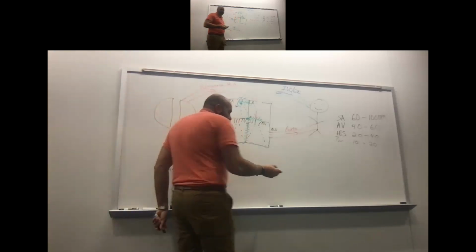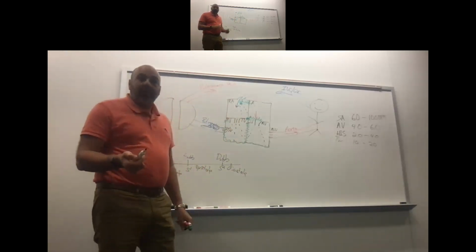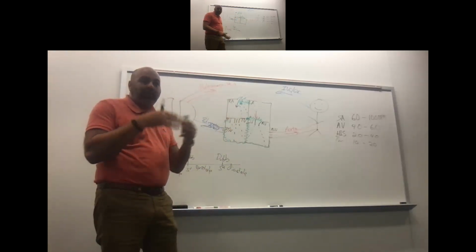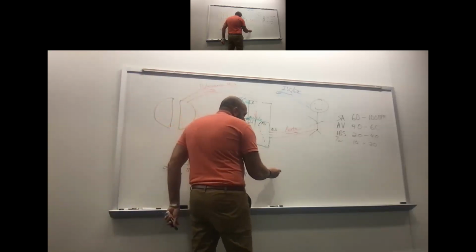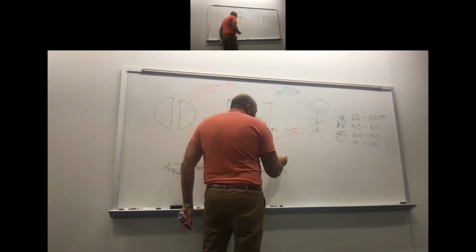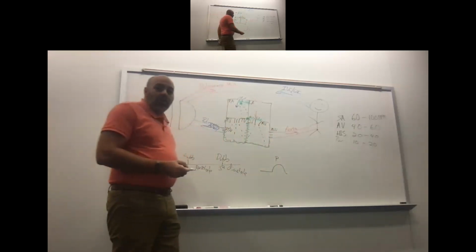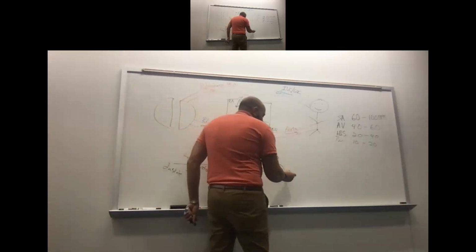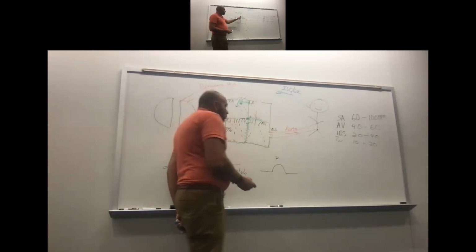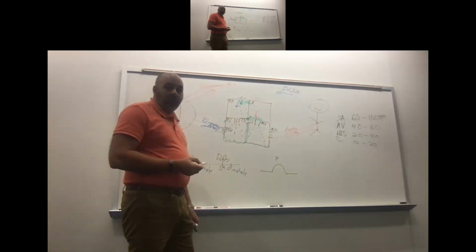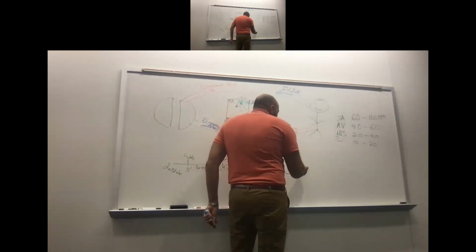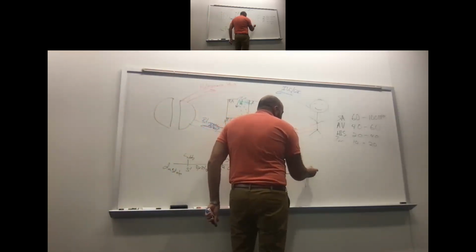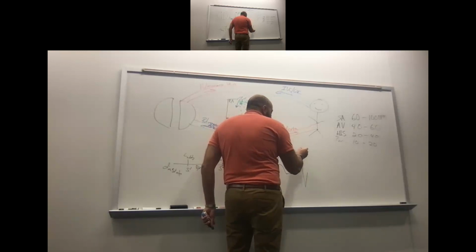EKG. What we're measuring with EKG is electricity. That's all we're measuring. Deflection of electricity. So when SA node fires, that represents the P wave. This flat spot here represents the AV node. Then we get QRS.